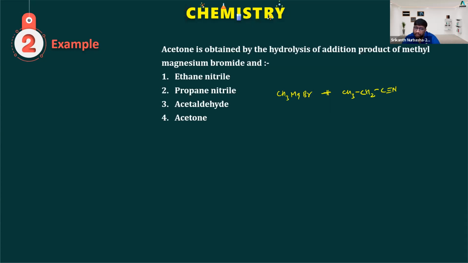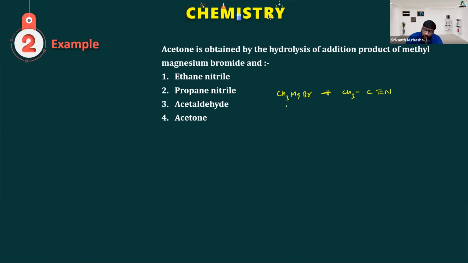Understand this ethane nitrile carefully. What is ethane nitrile? Because 2 carbons should be there, right? Here we have taken 3 carbons. That should be propane nitrile. It can't be ethane nitrile. So let us take CH3 C triple bond N.